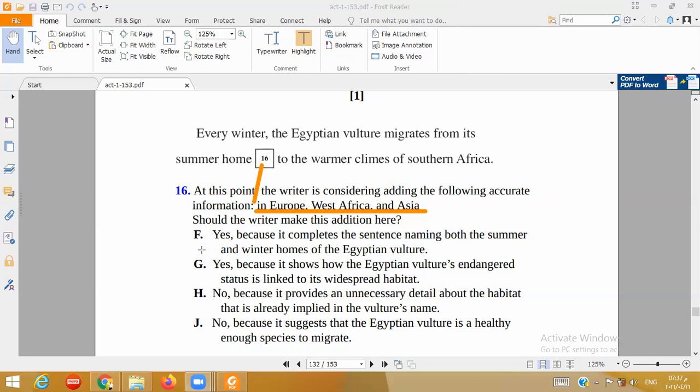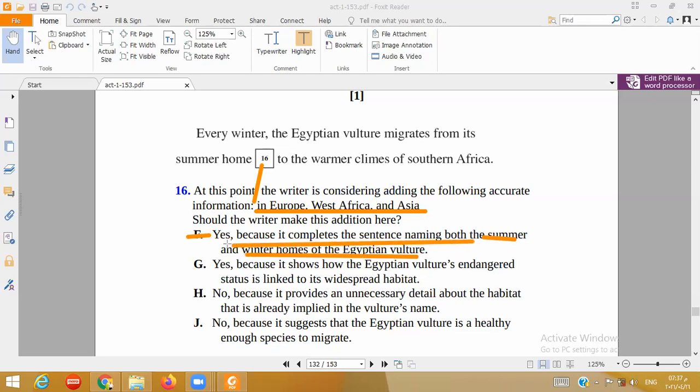F. Yeah. Why? Because it completes the sentence, right? It tells us about the summer home and winter home of the Egyptian vulture.